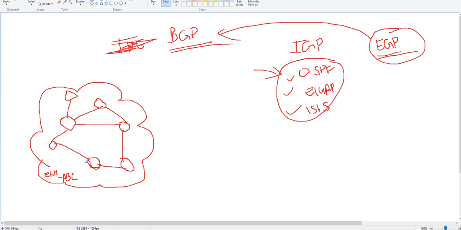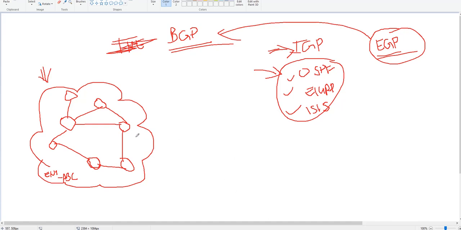If you want to choose a protocol for this network, I would recommend using any protocol from the IGP category instead of BGP. Why? Because in this particular scenario, IGP works like a champ compared to BGP. I'll come to why in a few minutes.